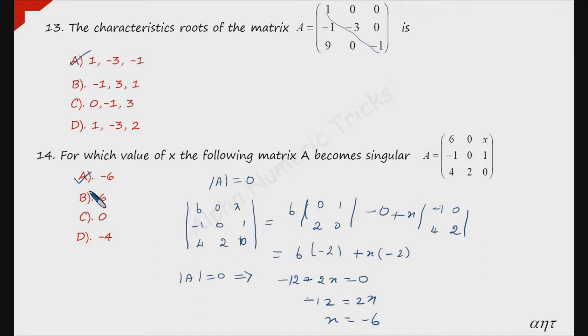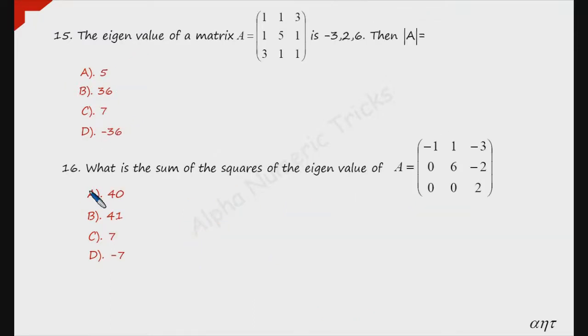Next question is: the eigenvalues of the matrix A are minus 3, 2, 6. Then we have to find out determinant A. Determinant A is equal to the product of eigenvalues.